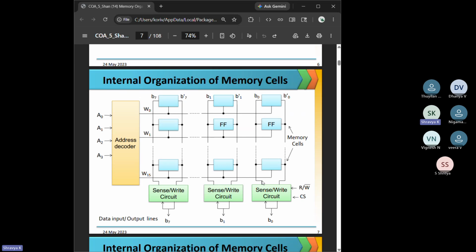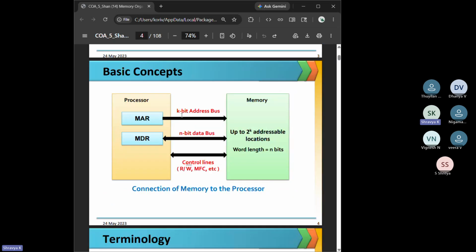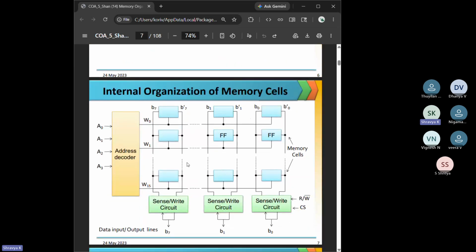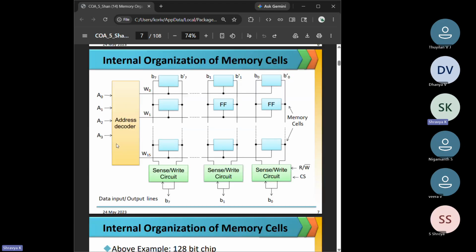This is the internal organization of a particular memory cell. We were talking before about the address lines, the k-bit address lines and the n-bit data bus. If you look into the memory cells here, you have four address lines, so here k is equal to 4. You have an address decoder.